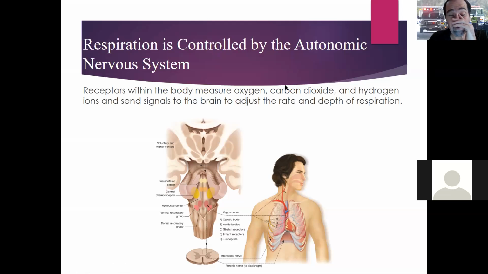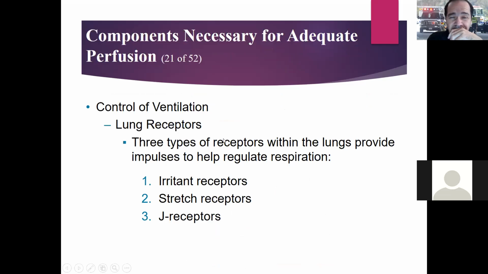So we'll continue with that one. Remember that large amounts of carbon dioxide will actually trigger you to breathe. A low amount of oxygen will also trigger you to breathe. So now we also have pH receptors that help you in respirations.